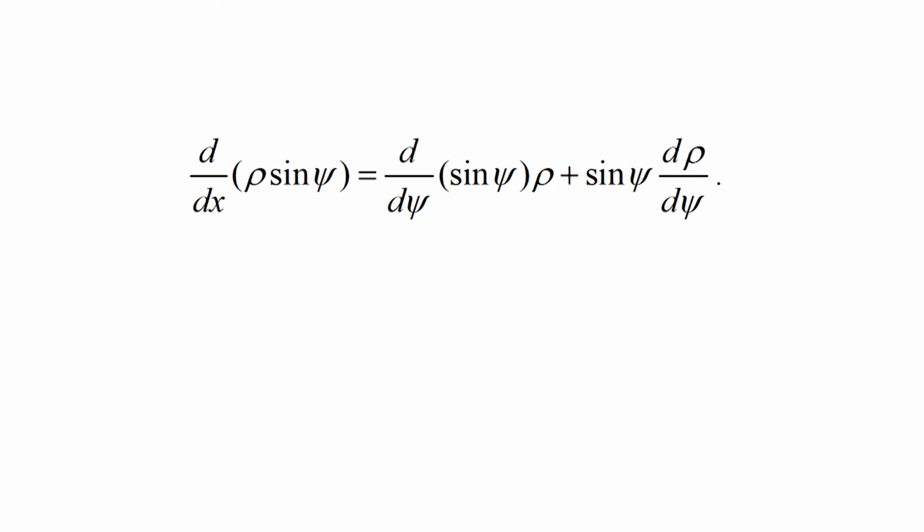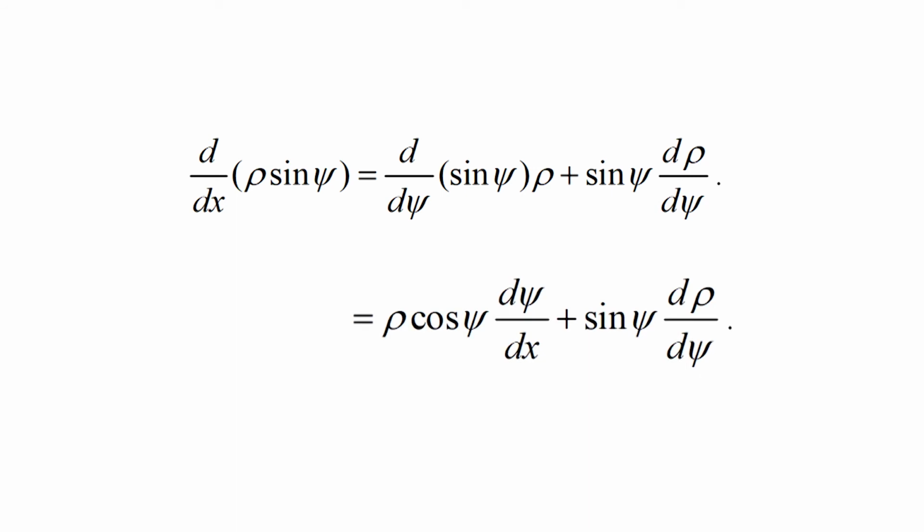By the product rule of differentiation, d by dx of rho sin psi is equal to d by d psi of sin psi times rho plus sin psi times d rho by d psi, that is equal to rho cos psi times d psi by dx plus sin psi times d rho by d psi.